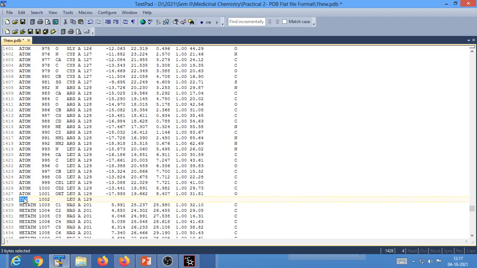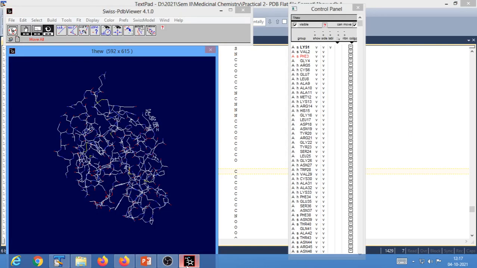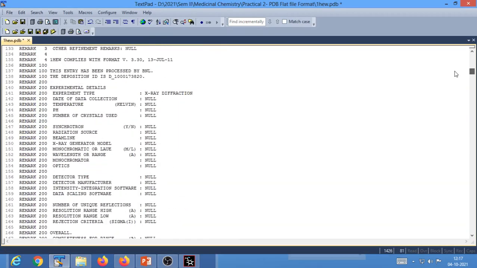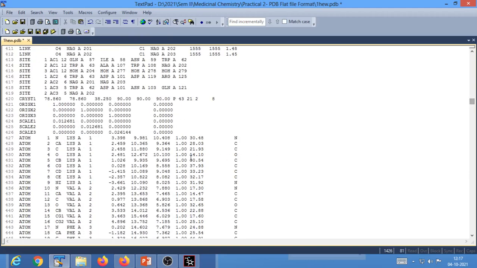It indicates that this is the line where your protein information is finished, and the subsequent lines are devoted to heteroatoms, or non-protein components. In this way the structural information is provided in the form of three coordinates for each and every atom present in your protein.